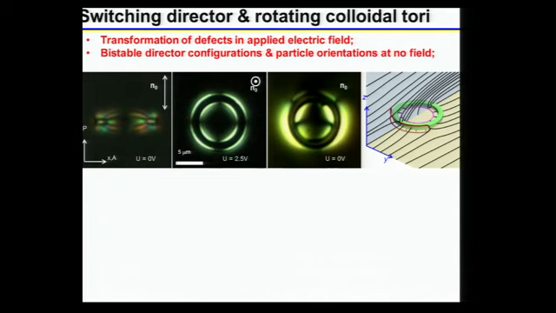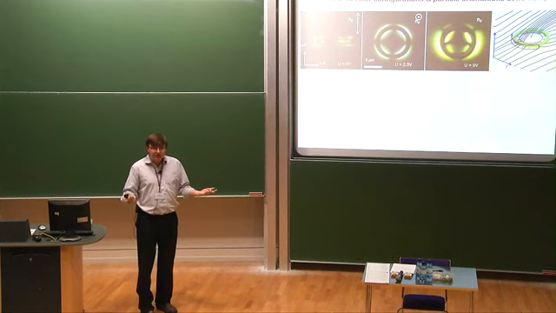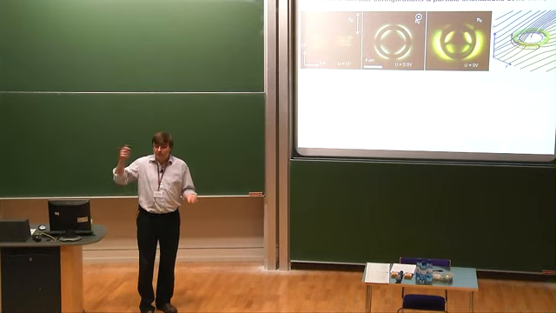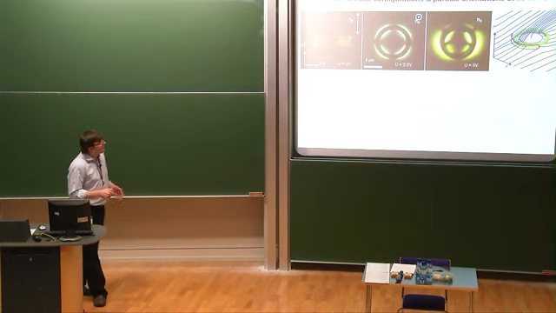Like, for example, in here you can see one stable orientation where the particle ring is perpendicular to the far-field director, and in this case it's parallel to the far-field director at no applied field at all to the liquid crystal cell, right? And we can switch between those two different states just by using different voltage driving schemes. We can go back and forth.